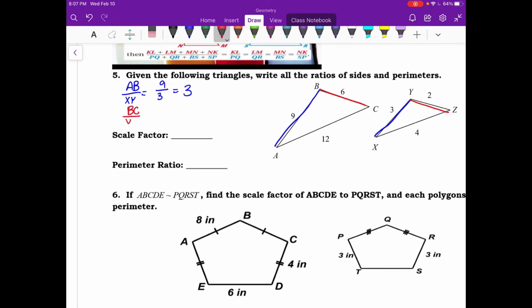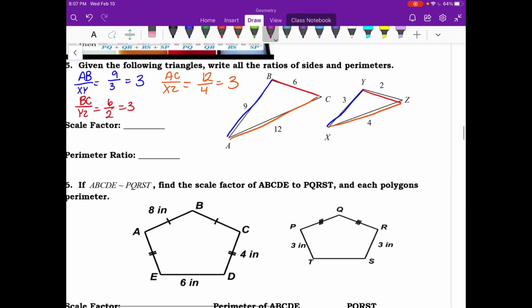BC over YZ is equal to 6 over 2, which again simplifies to 3. And AC and XZ. AC over XZ is 12 over 4, which again simplifies to 3. So these are similar triangles.